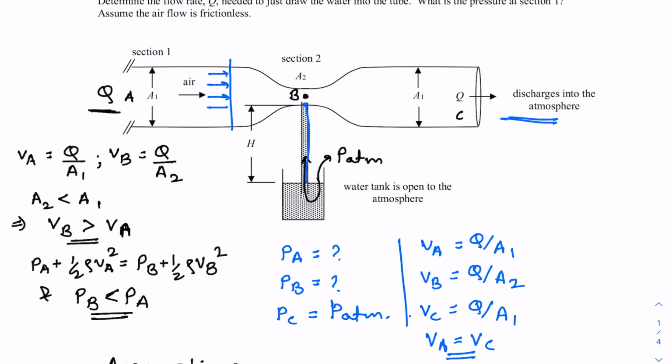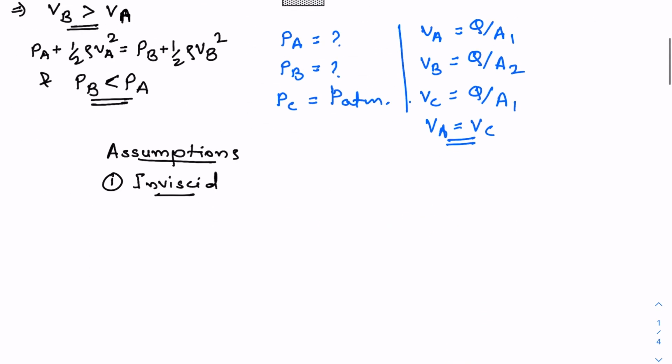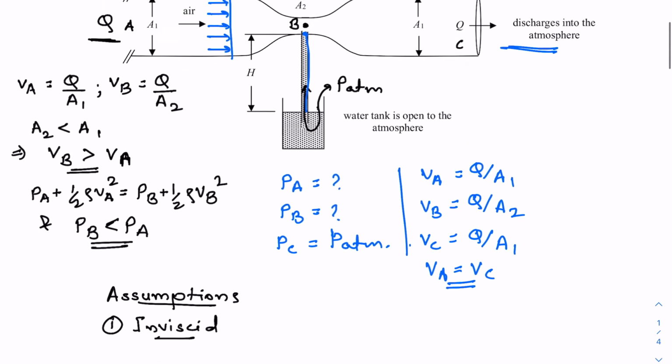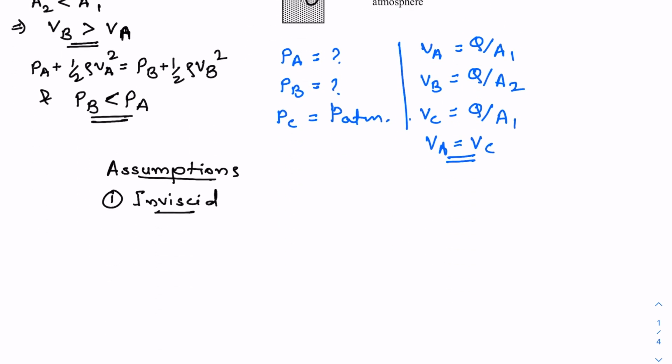So we will assume that there are no velocity gradients across the pipe cross section. Because there are no velocity gradients, the flow will effectively be inviscid.